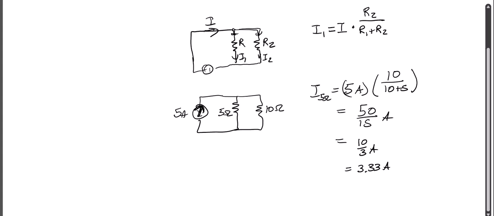And that's what we would expect of the 5 amps. We would expect 2/3 of it to go through the 5 ohm resistor and 1/3 of it to go through the 10 ohm resistor. Except, did I divide that wrong?